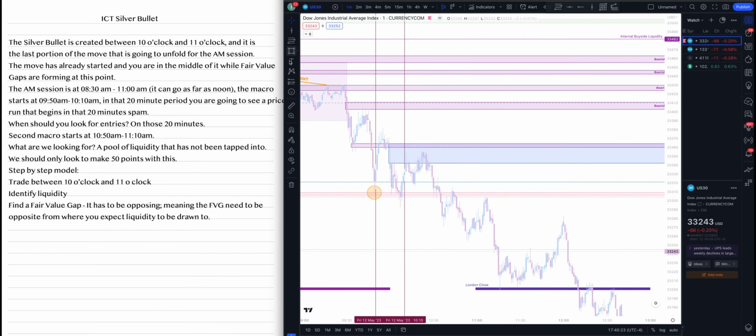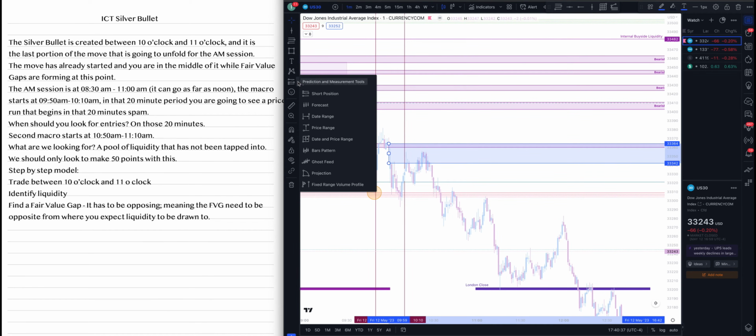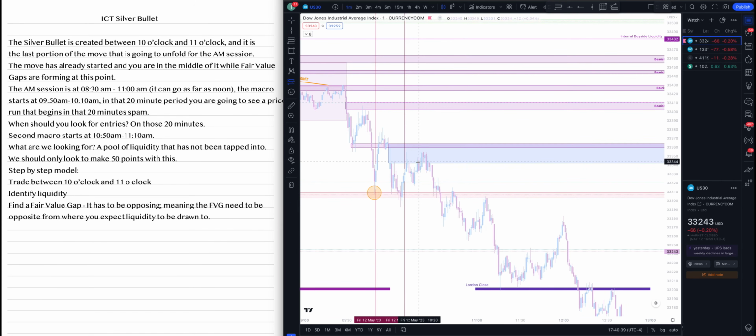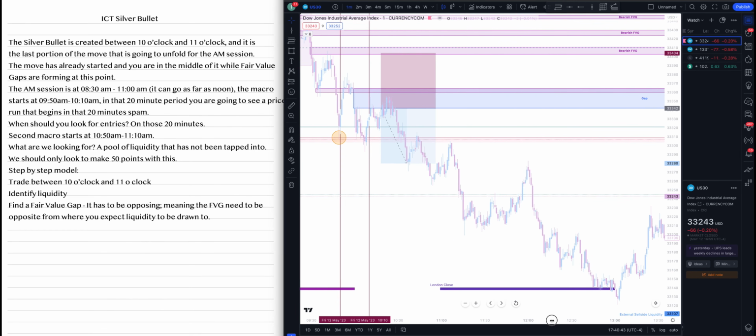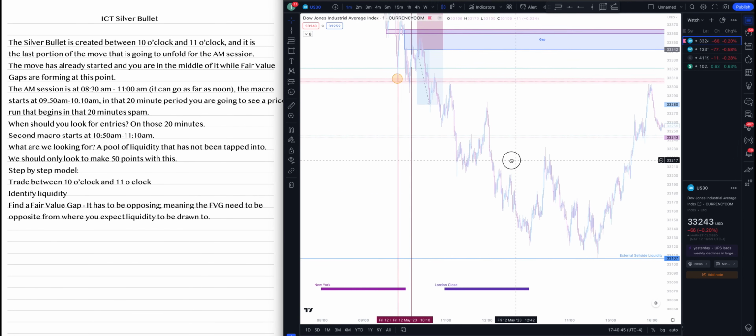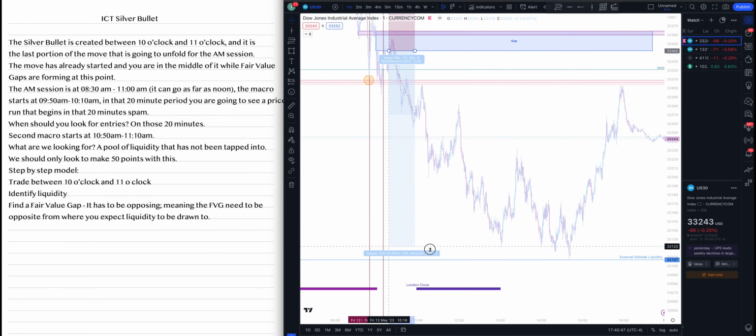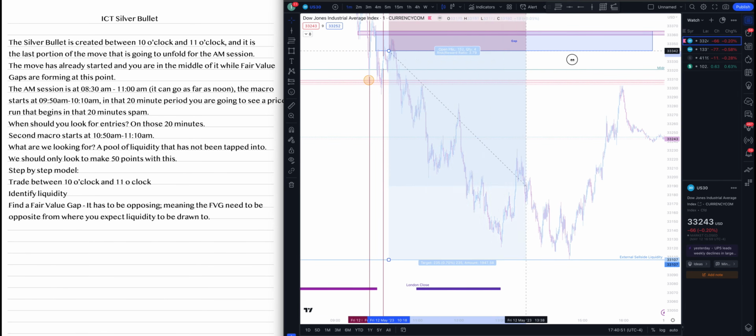I marked my gap, which is the blue, as you can see. It is a lack in volume, so I waited for price to tap back into it. And even though ICT only recommends taking 50 points, I wrote this down to my external sell side liquidity, which gave me 235 points.